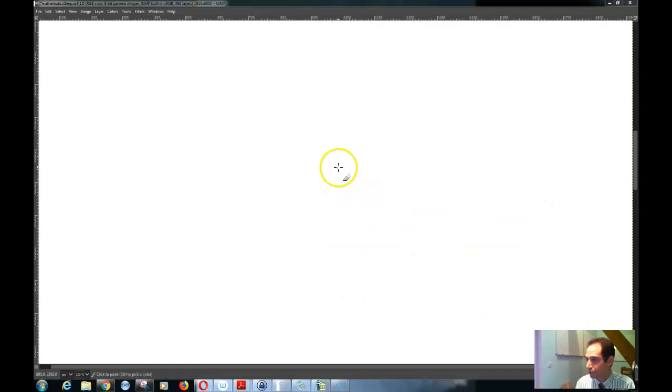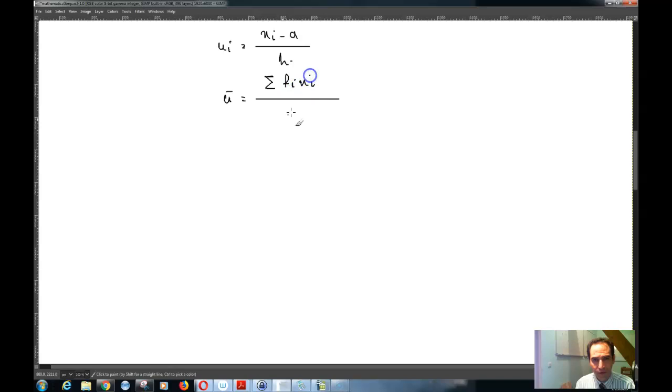So here we said that basically u of i was equal to x of i minus a divided by h. And u bar was equal to basically sigma f of i x of i divided by sigma f of i.